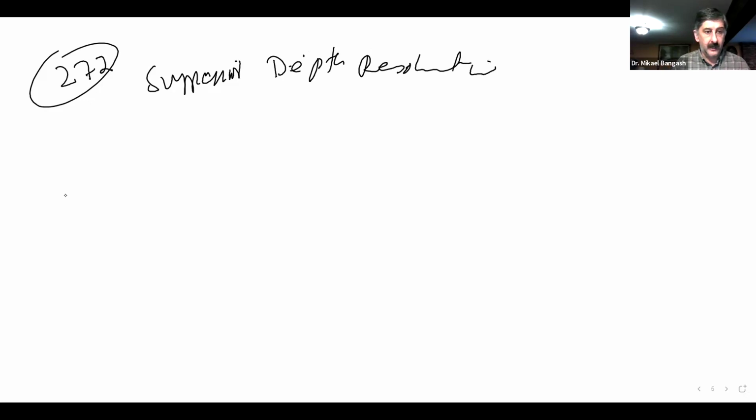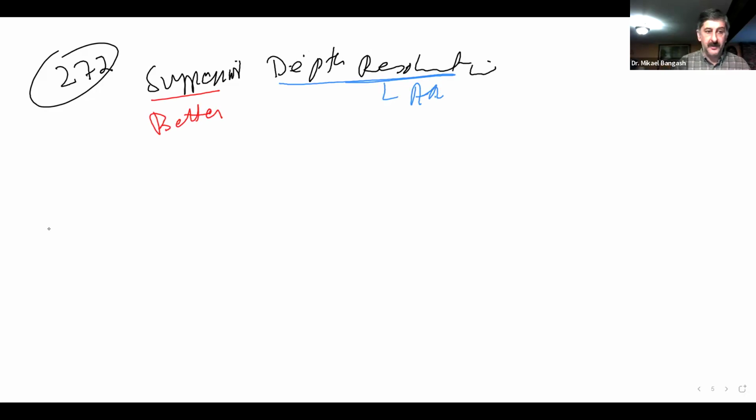What superior here mainly would just mean is better. Here they may use the word depth resolution, which is just another name for your axial resolution.